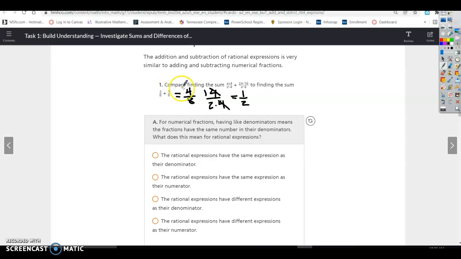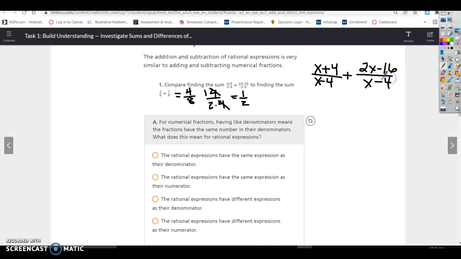So what did we do? We added the numerators and we kept the denominator. The same thing is going to happen with rational expressions. So we have x plus 4 over x minus 4, plus 2x minus 16 over x minus 4.